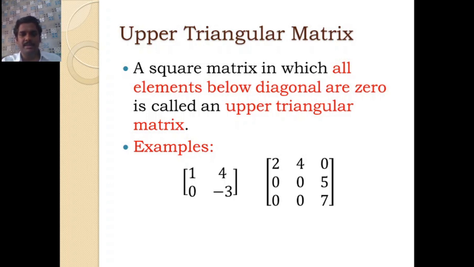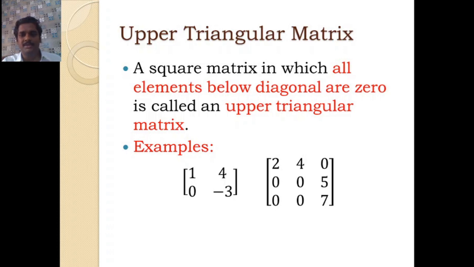The first is an example of a 2 by 2 upper triangular matrix, and the second is an example of a 3 by 3 upper triangular matrix. In both the examples, you can observe elements below the diagonal are 0. In the first one, there is only one element below the diagonal, that is 0. And there are three elements below the diagonal in the second example, and they are 0.